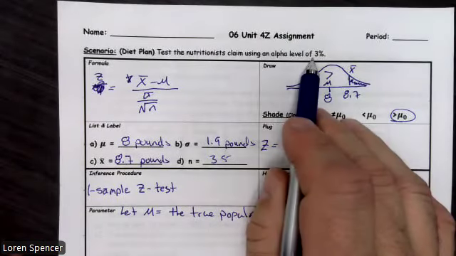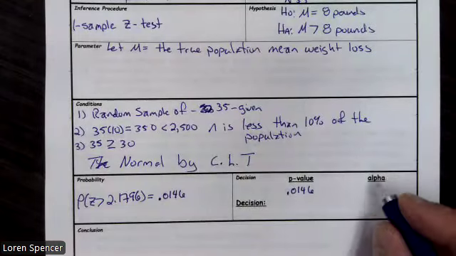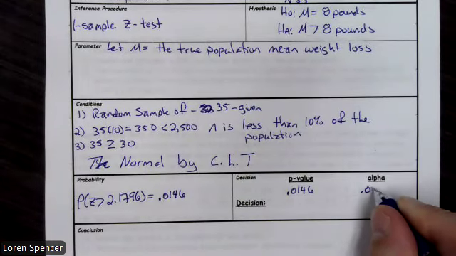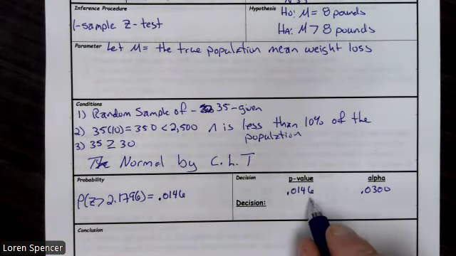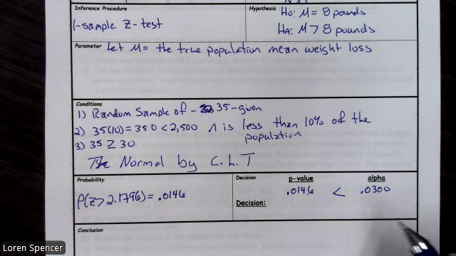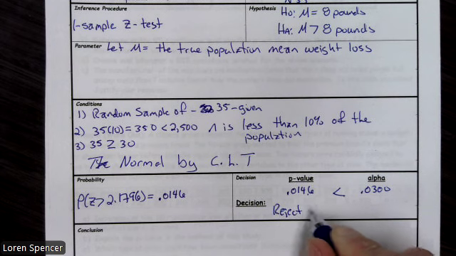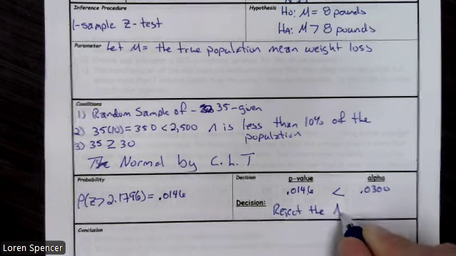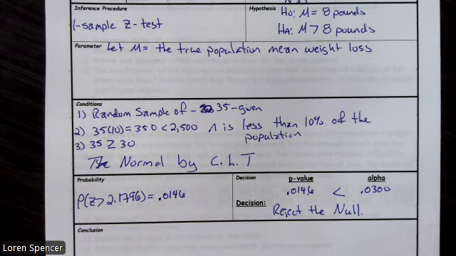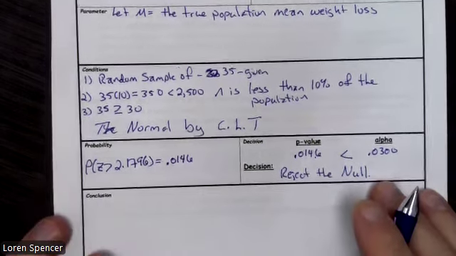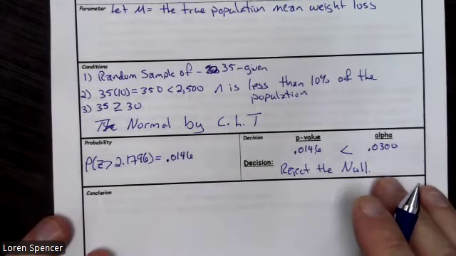They told us above that our alpha was 3%, so we're going to put 0.03, or 3 divided by 100, make sure it's the same length. Well, 146 is definitely less than 300, so we're going to reject the null.